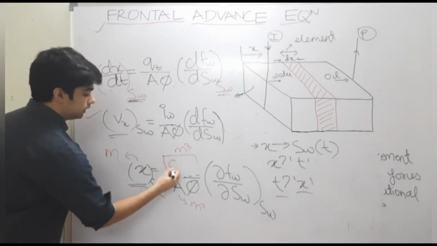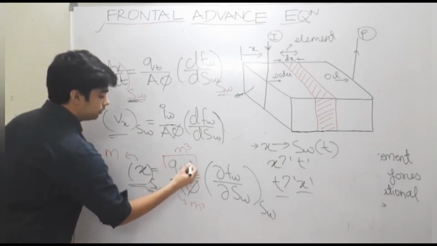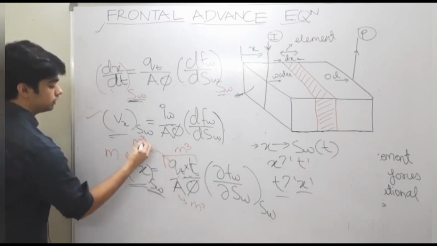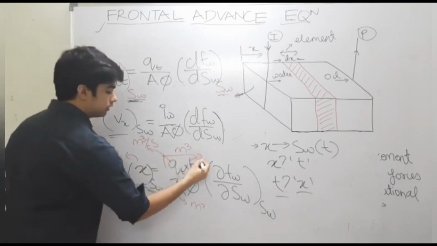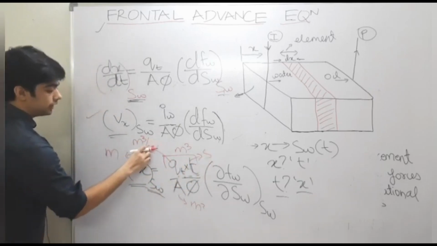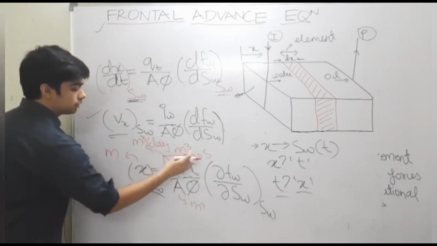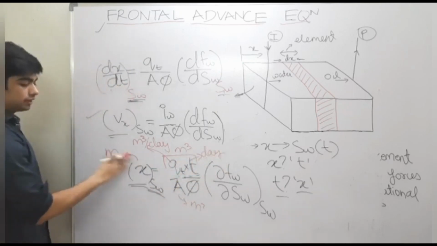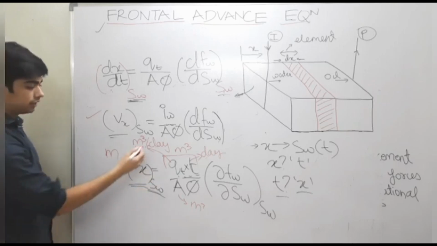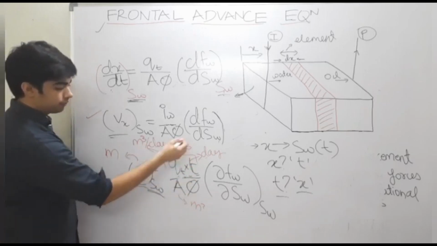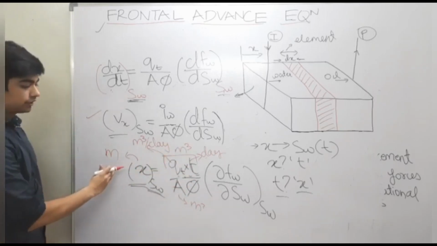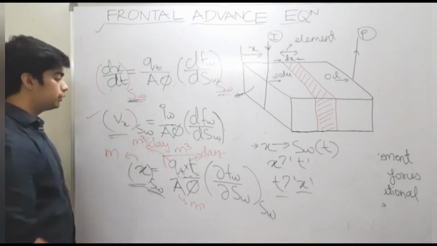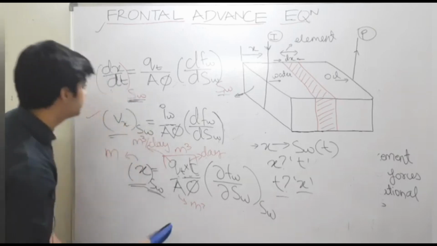And if you replace it by QT into time, then it will be given in meter cube per second, time will be in seconds. It can be in days also. So depending upon different units, if they are consistent on both sides, if the final result of all the cross cutting is the same on the left hand side as well as on the right hand side, then this equation can be used. So I would recommend you to use this equation, or to remember this equation.